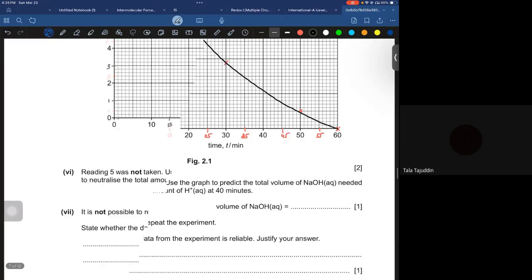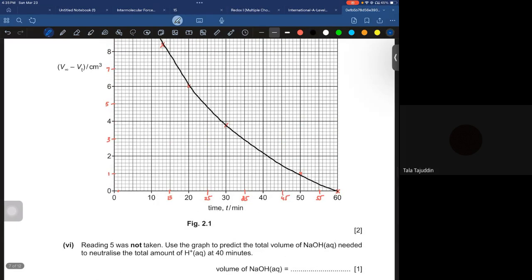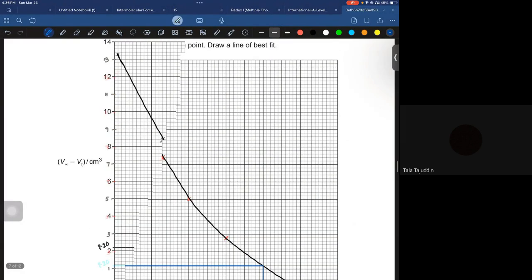So I can say at 40 minutes, it may be like that. That is 2.20. Okay, so of course, I would go to the table.